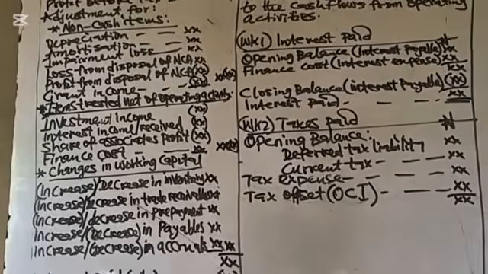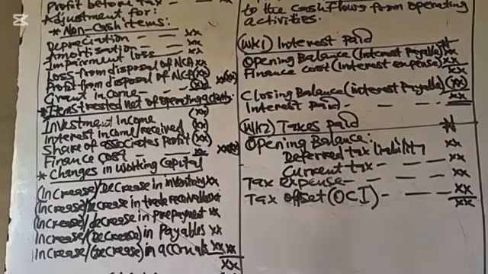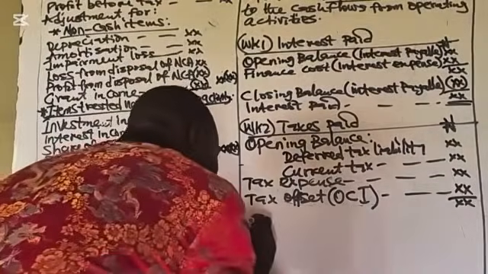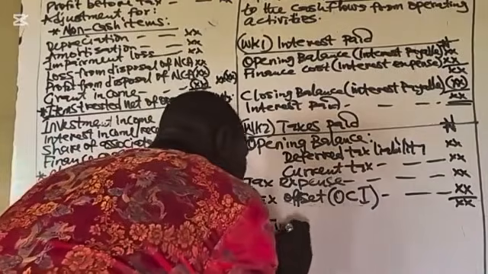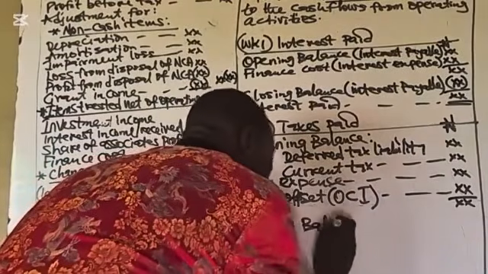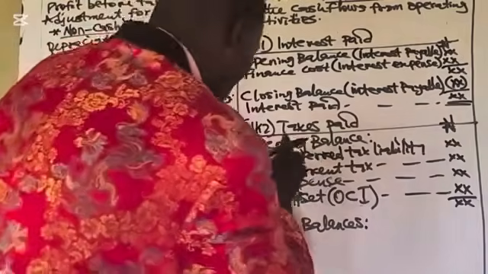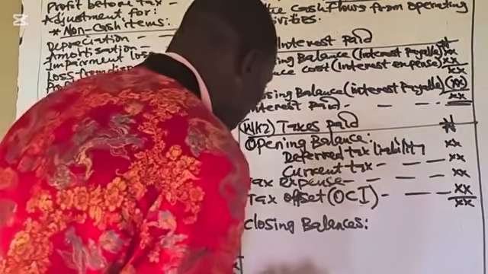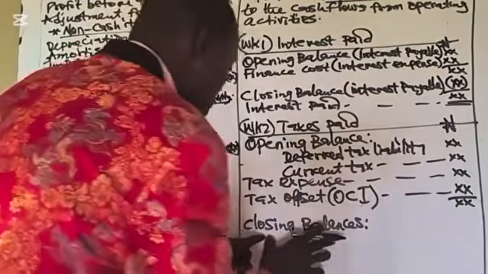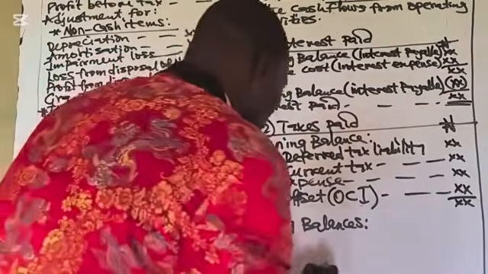I remember I've told you all the opening and the closing balances will be found in the statement of financial position. The opening balances will be found in the opening statement of financial position, while the closing balances will be found in the closing statement of financial position.